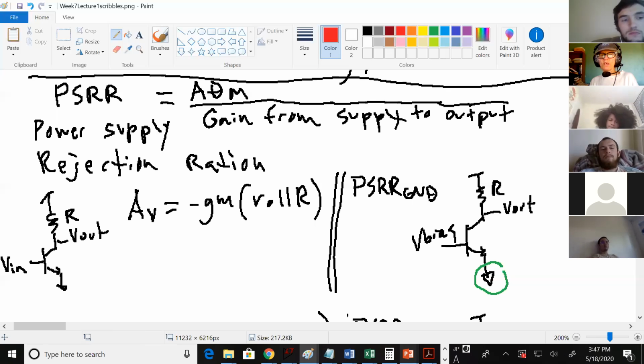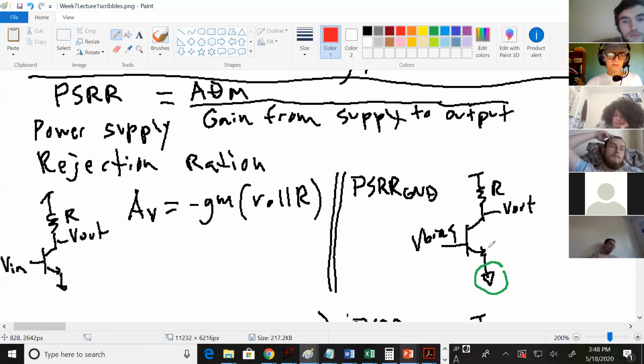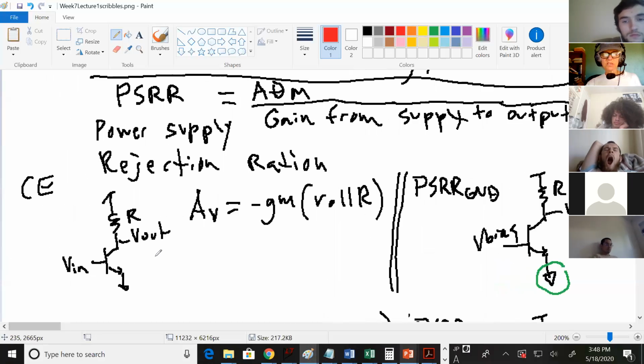The previous metrics have all been for differential circuits like diff pairs. This one you can do with single-ended input, single-ended output amplifiers and diff pairs. But just because the math is easier, let's use a single-ended input, single-ended output circuit.